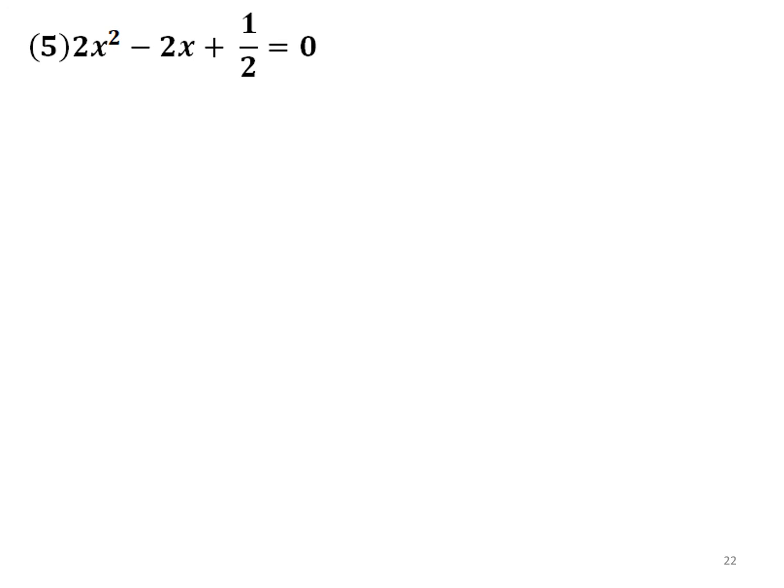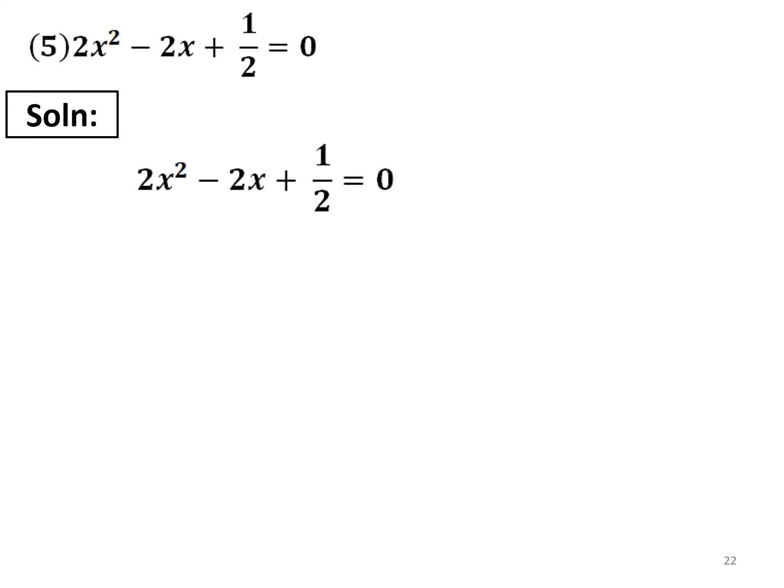Question number 5. 2x² − 2x + 1/2 = 0. This is the equation.